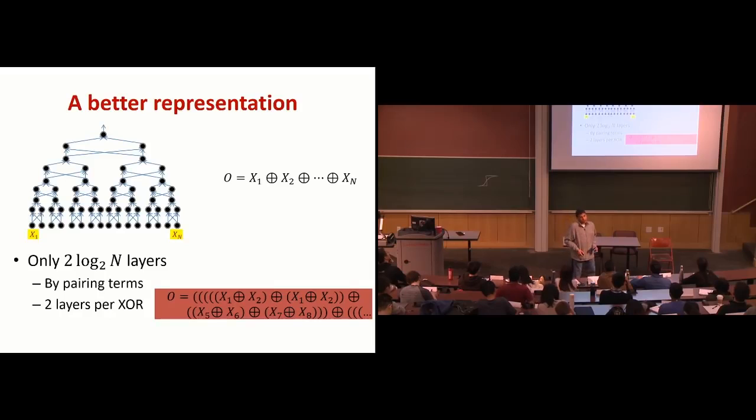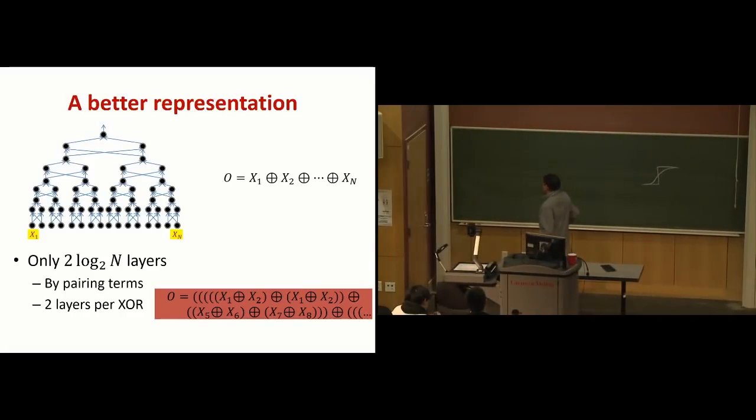But then it actually gets even better. The XOR is actually associative, correct? So if I'm doing an XOR, then if I have something like x1 XOR x2 XOR x3 XOR x4 XOR, and so on, I can group these 2 guys, and I can group these 2 guys in the same layer, and then I can perform the final XOR over these in the next layer, right?